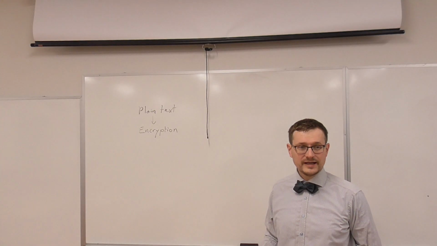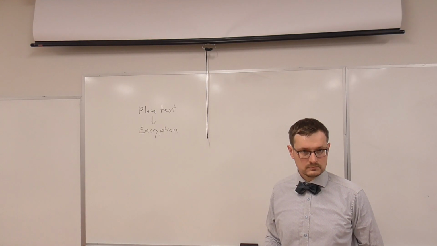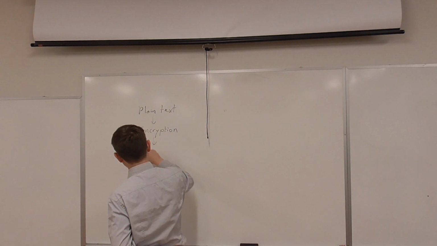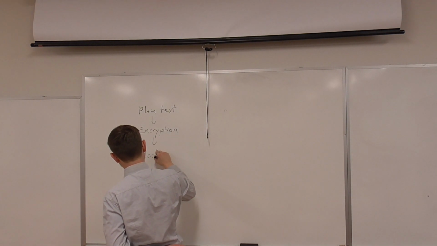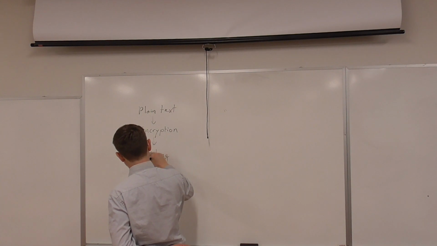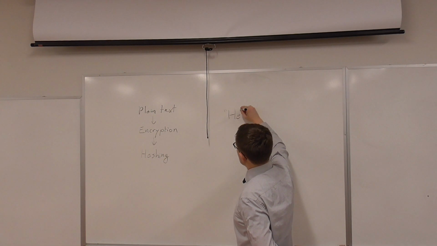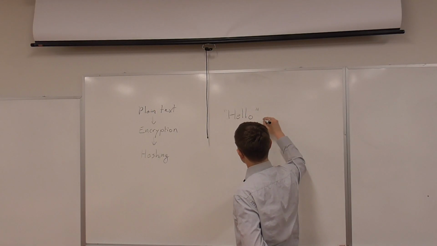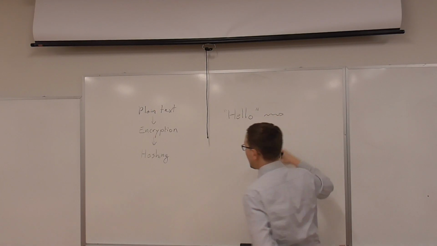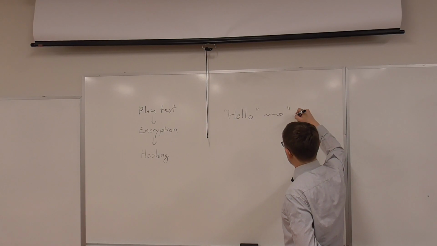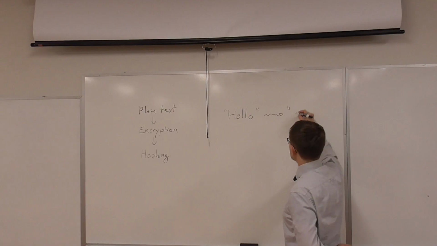Hashing is a one-way operation. So we go from encryption to hashing. If I have some text, like hello, using a hash algorithm, I still end up with my scrambled text.